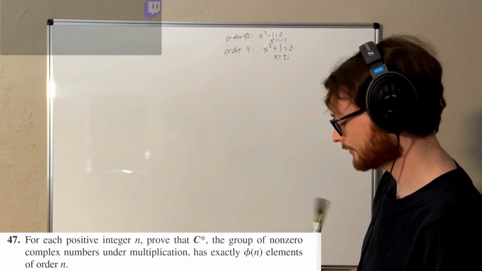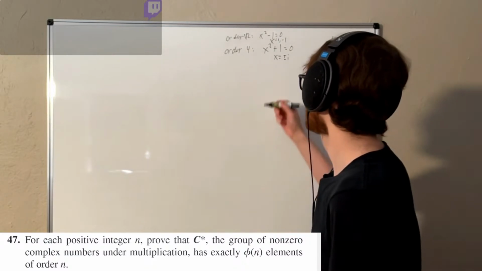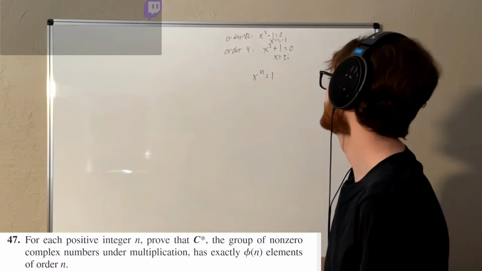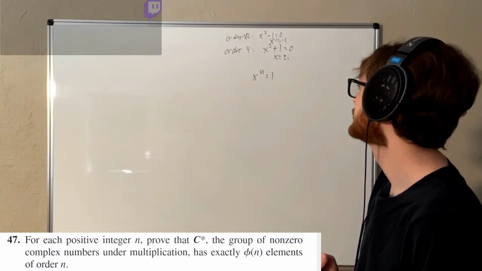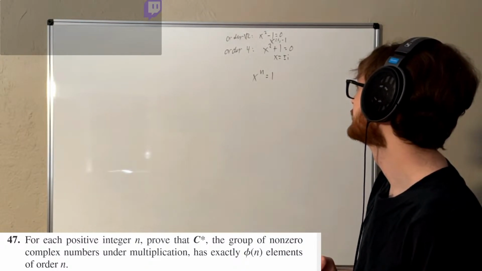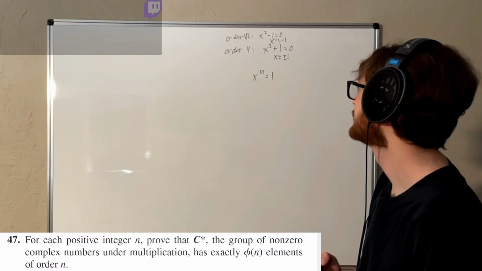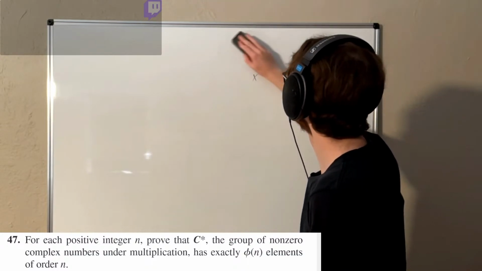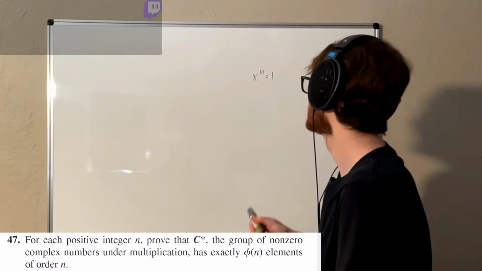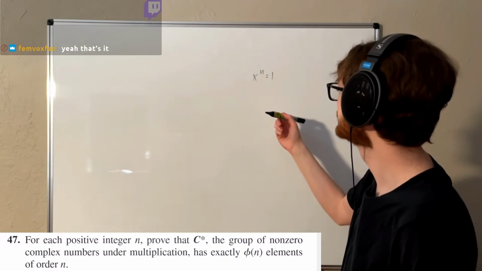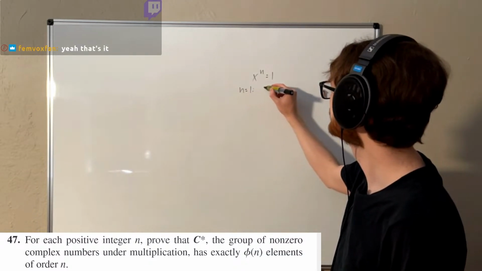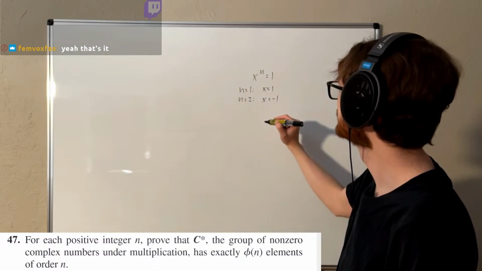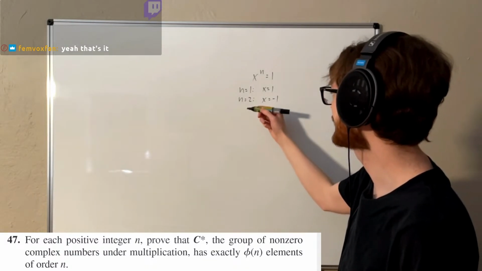Because I guess what we're really interested in is x to the n equals 1, where x is a complex number that's not 0. Or minus 1, but I'm just going to separate it out.